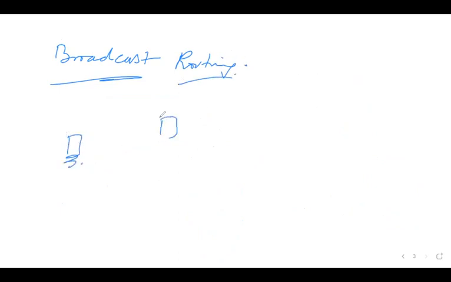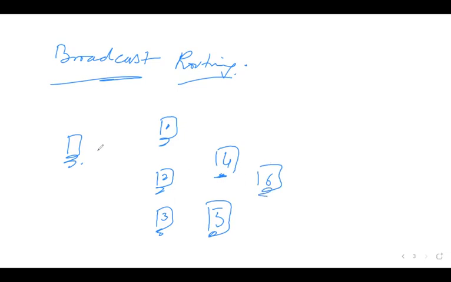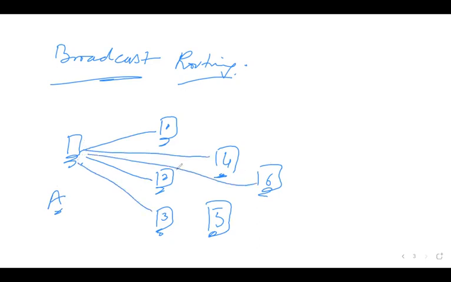For example, if we consider the same scenario, we have node 1, node 2, node 3, node 4, similarly 5, and then node 6. It means that node A is communicating with all these nodes 1, 2, 3, 4, 5, and 6.